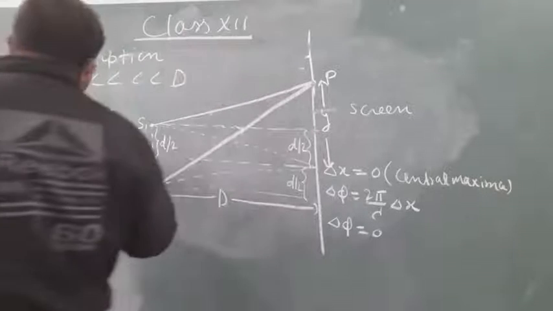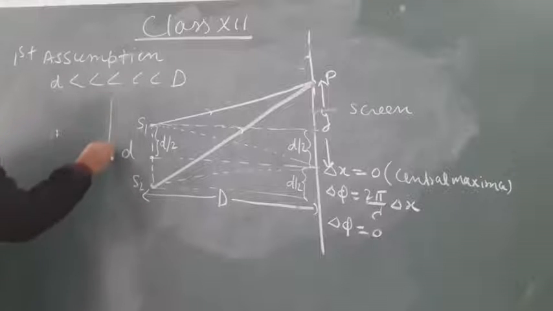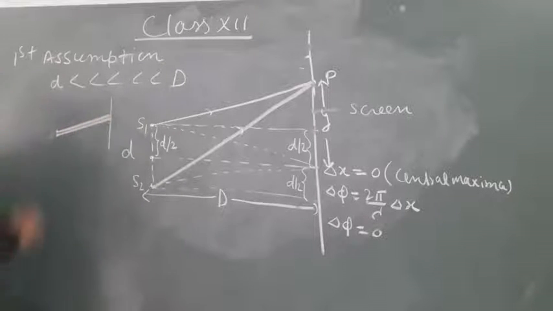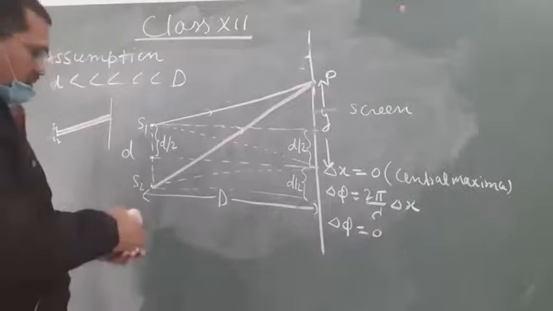You can see d is very small, so S1 and S2 are very close to each other. This is the screen. So lines originated from S1 and S2 look almost parallel.